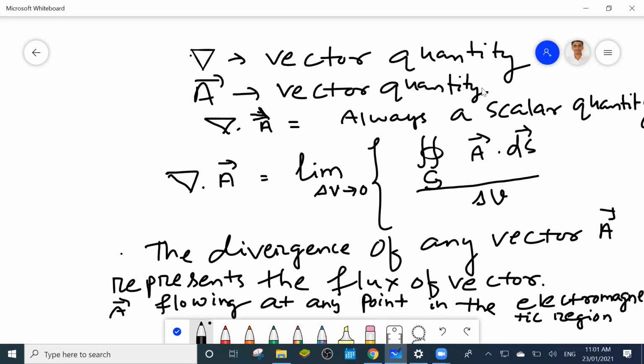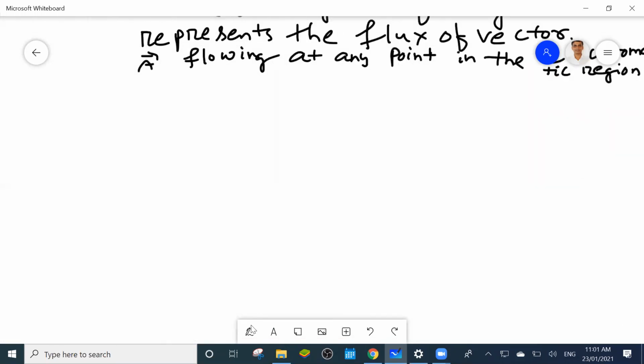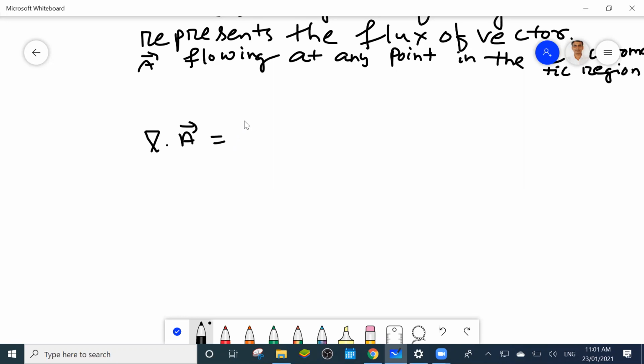This del dot A is a scalar quantity because both are vectors, so it may be positive or negative or zero.